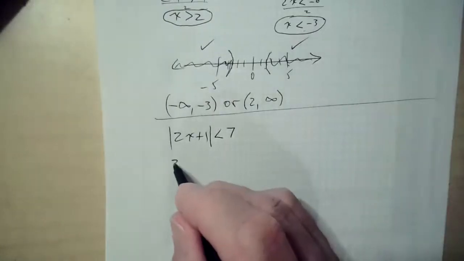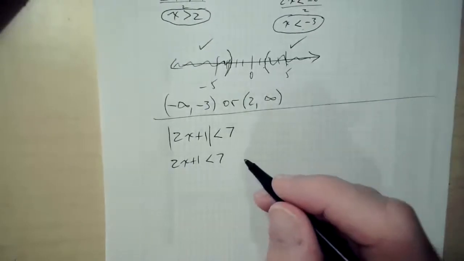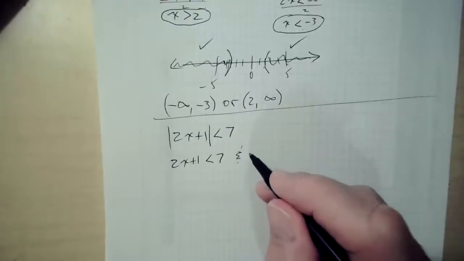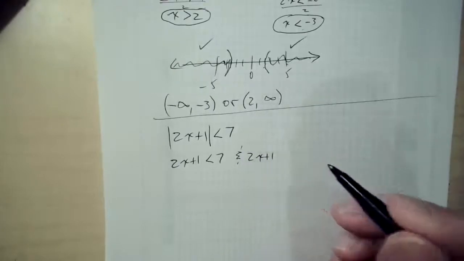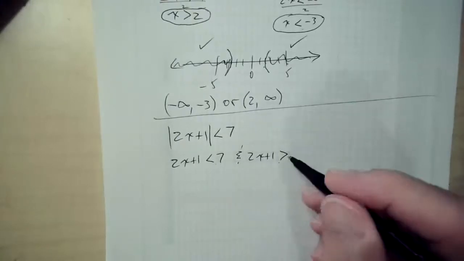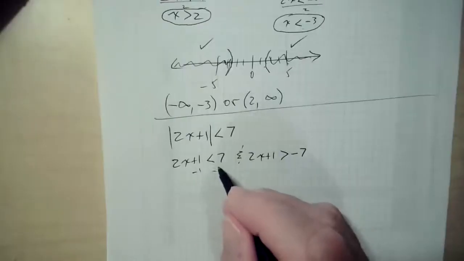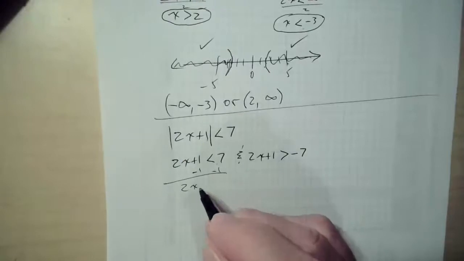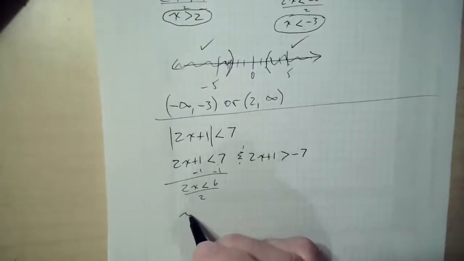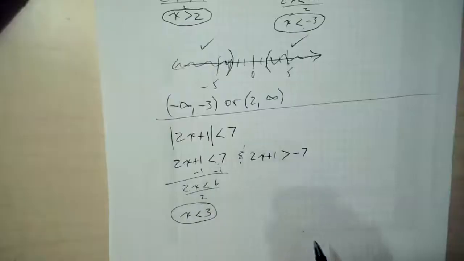Okay, so if we have this, then we have 2x plus 1 is less than 7, and 2x plus 1 is greater than, the numbers flip here, -7. So we subtract 1 from each side. 2x is less than 6. Divided by 2, x is less than 3.